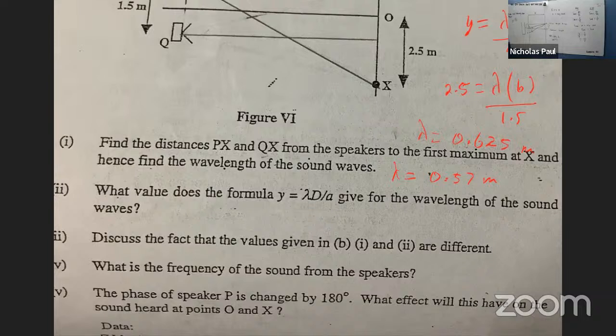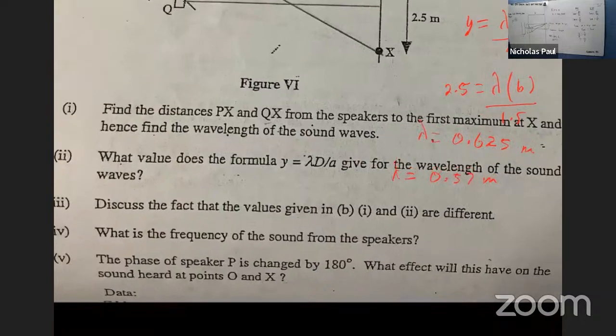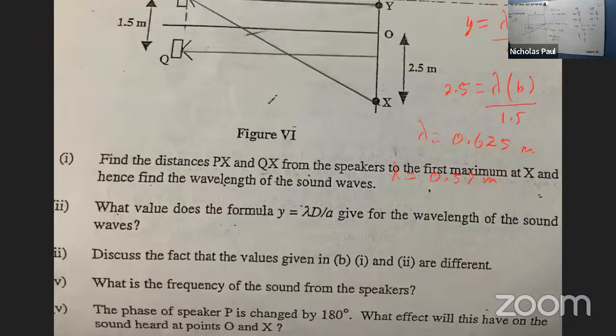Part 4 and 5. Speed of sound. Which one? 0.57.